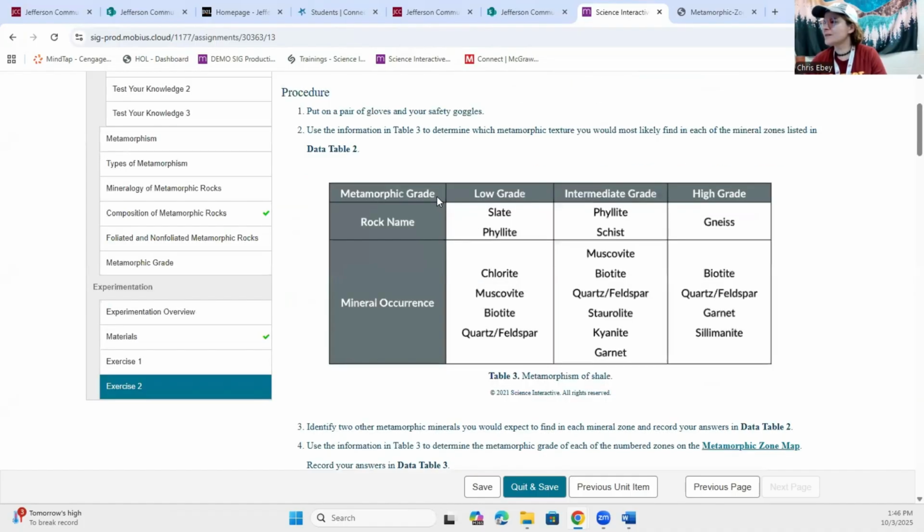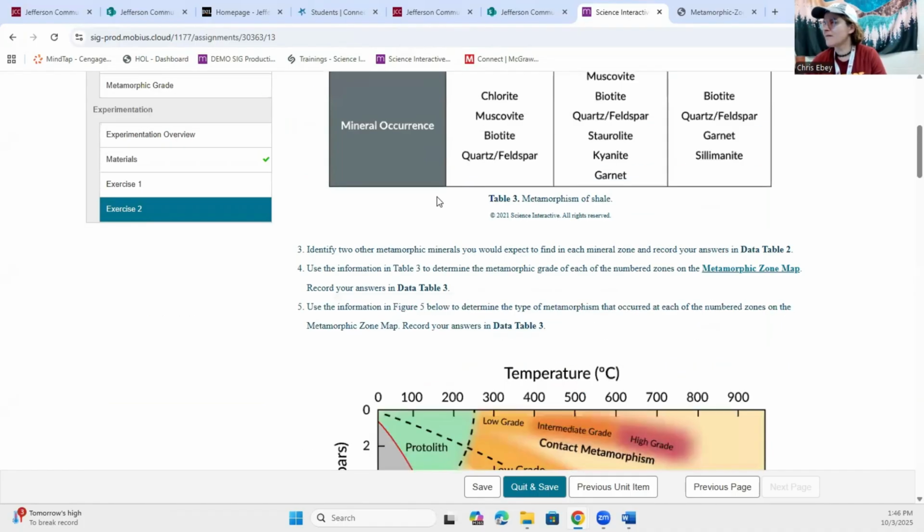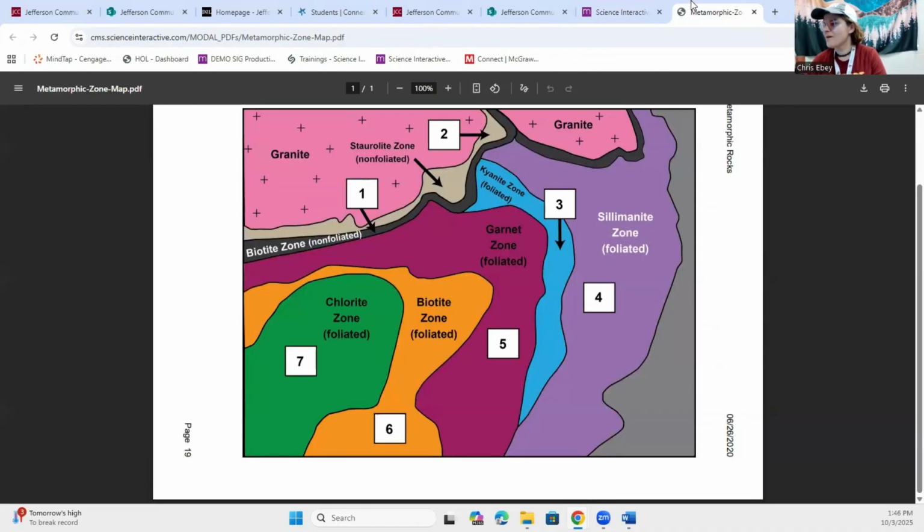So use the information in table 3 to determine the metamorphic grade of each of these zones. So this is a chlorite. So let's go ahead and do 1. So this is a non-foliated biotite. So if it's non-foliated biotite, non-foliated means it's low grade.